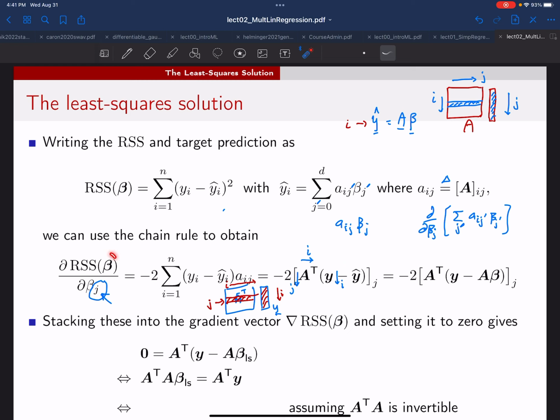This is just the jth element of my gradient. This is the jth element of this vector. Therefore, my gradient must be this vector. Actually, -2 times this vector. Does that make sense? We want this to be 0 for all the elements, and that is going to be true if this vector is 0 for all of its elements. So that's where this comes from. We want this to be the 0 vector.